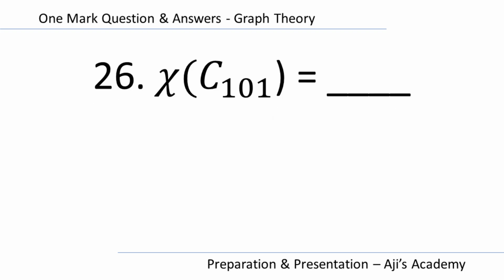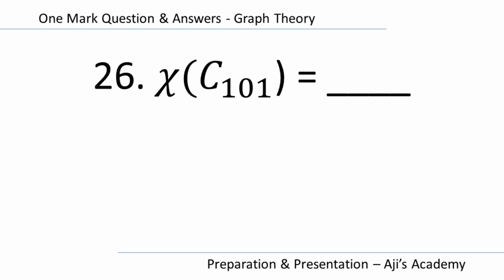Question number 26. Chi of a cycle on 101 vertices. Chi means the chromatic number of a cycle on 101 vertices. We know a cycle has either an odd or an even number of vertices. Here 101 is an odd number.